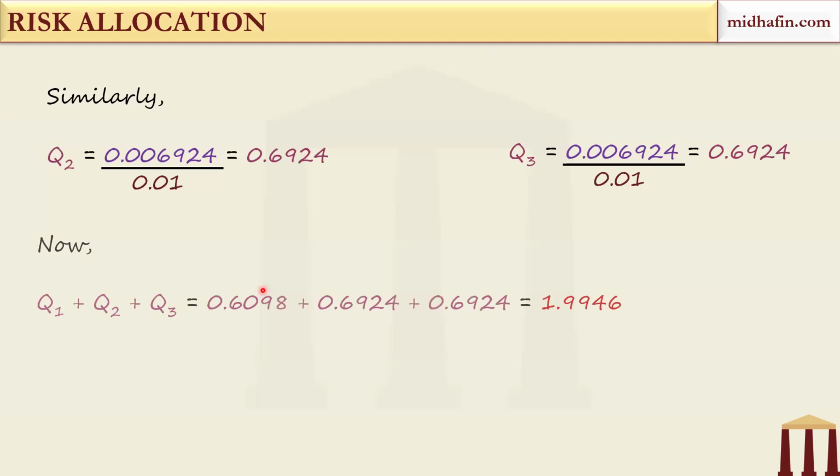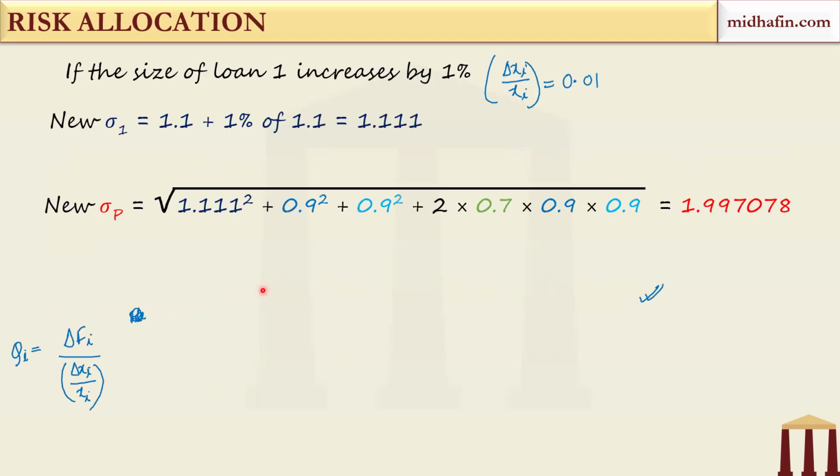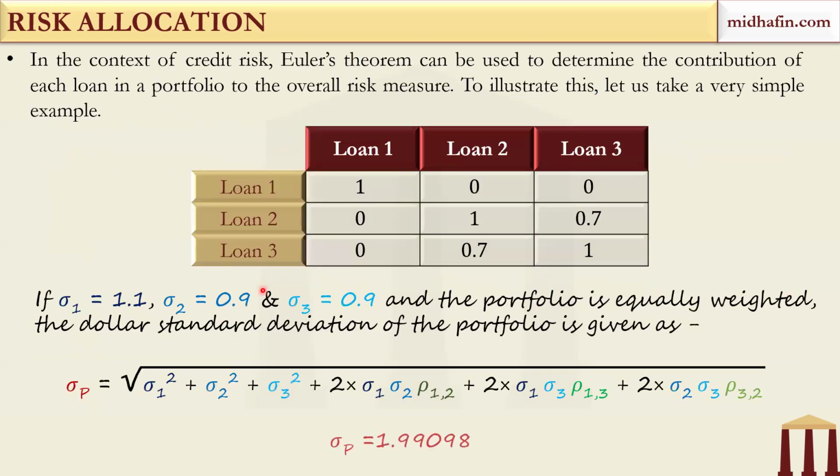Now, when you add them, Q1 plus Q2 plus Q3, how much you're getting? 1.9946. So the idea is that this is very close to 1.99098. It's not very far. So it's a decent approximation as Euler rule states. So that is the idea. So basically, you are breaking the portfolio standard deviation into the components.